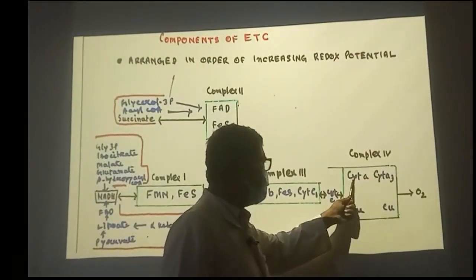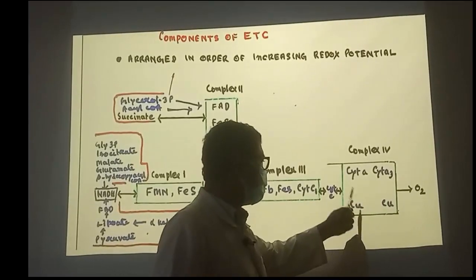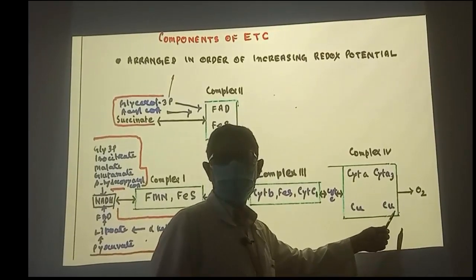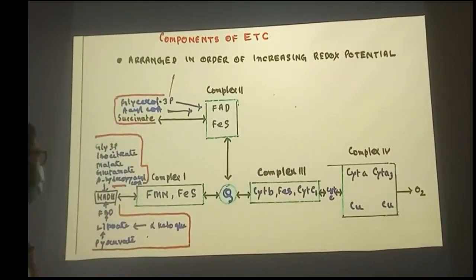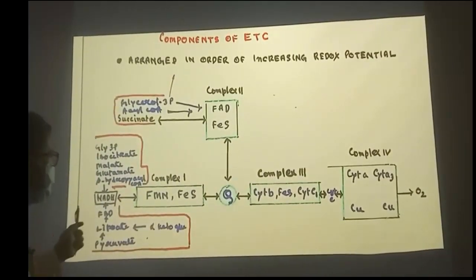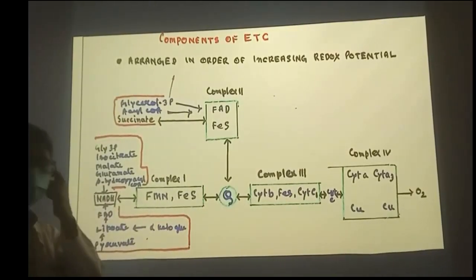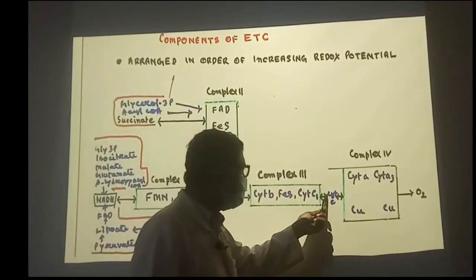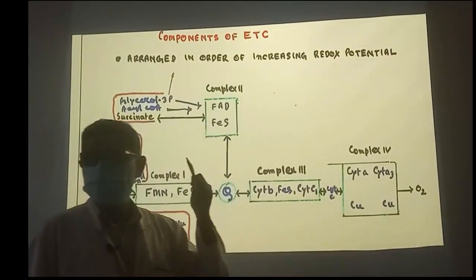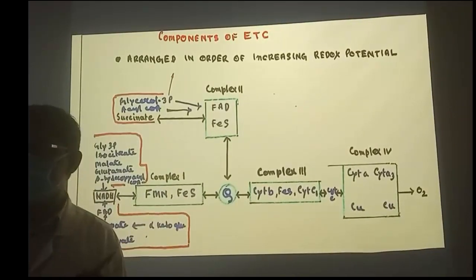Complex 4 is made up of the cytochrome a3 complex, which consists of iron as well as copper. They are also bivalent ions. Now, there are 2 other components as well, coenzyme Q and cytochrome c. They are also involved in the electron transport chain.